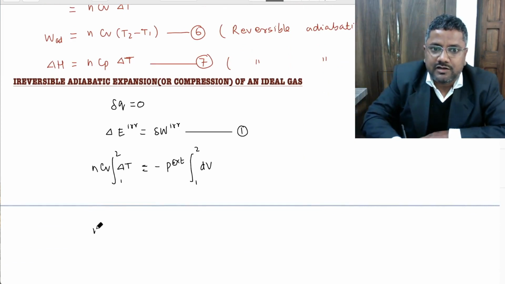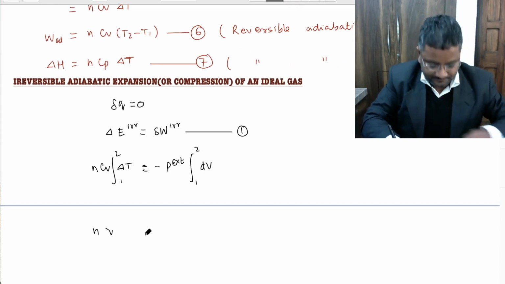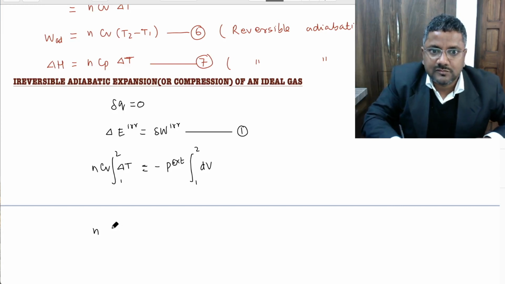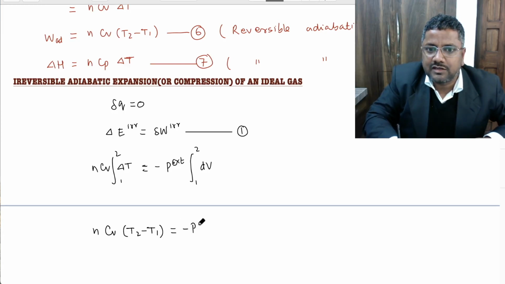So here you will get n Cv (T2 minus T1) is equal to minus P external (V2 minus V1).